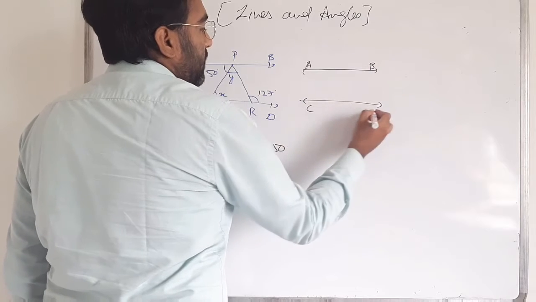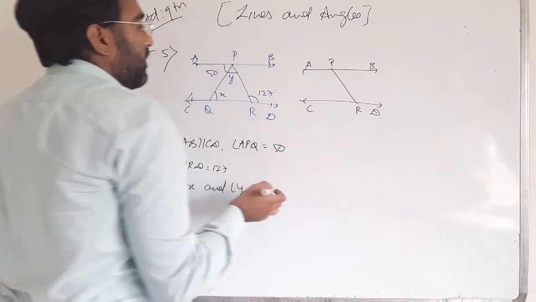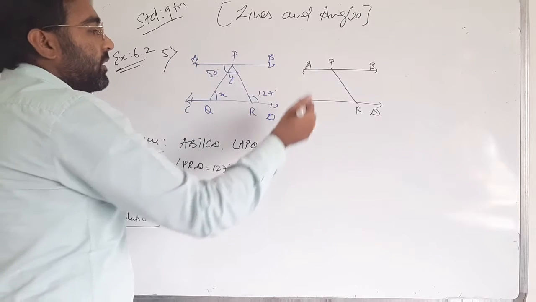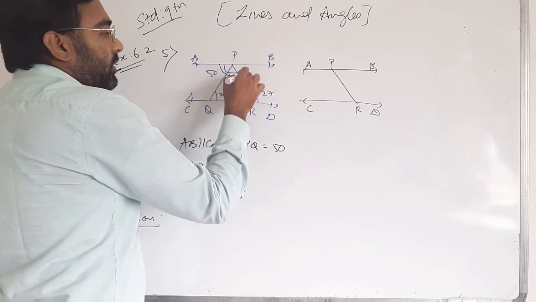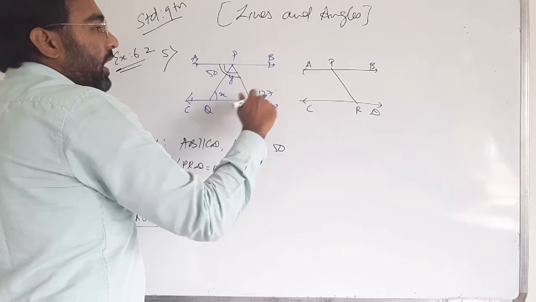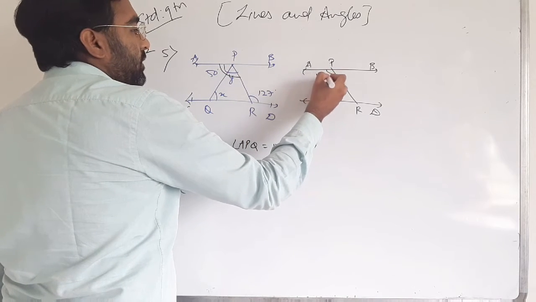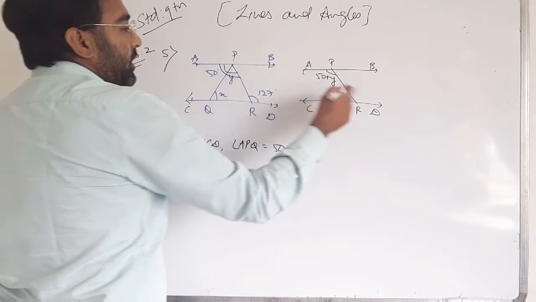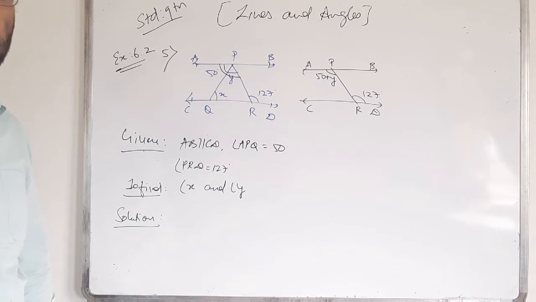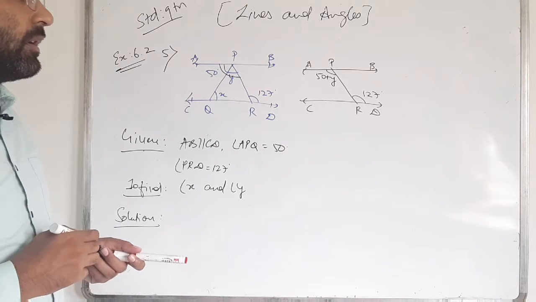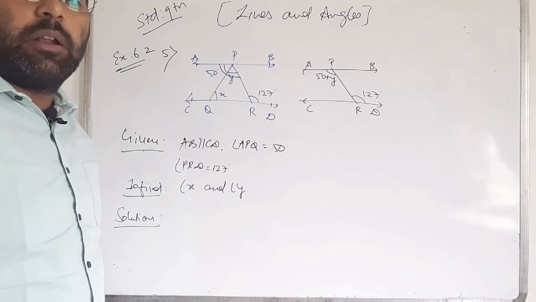If we take PR as a transversal, my whole angle APR, that is 50 plus Y, is equal to angle PRD, that is 127 degrees.